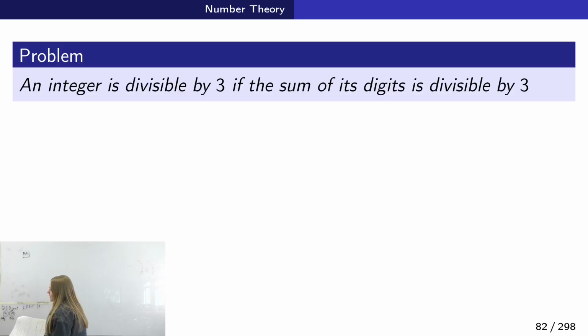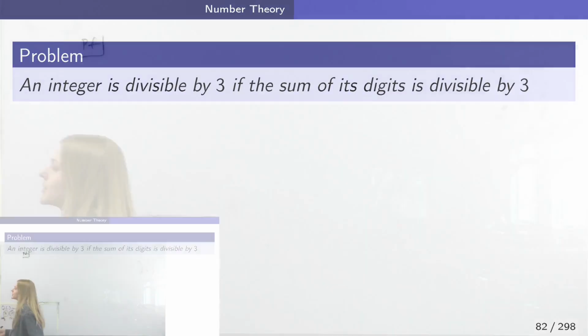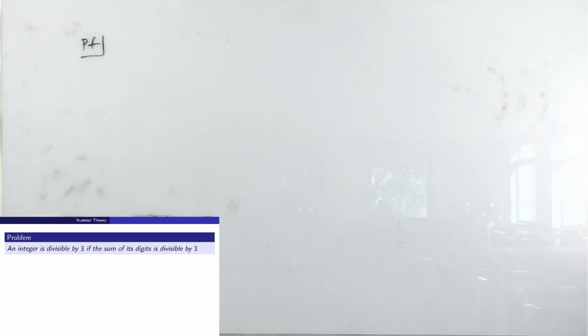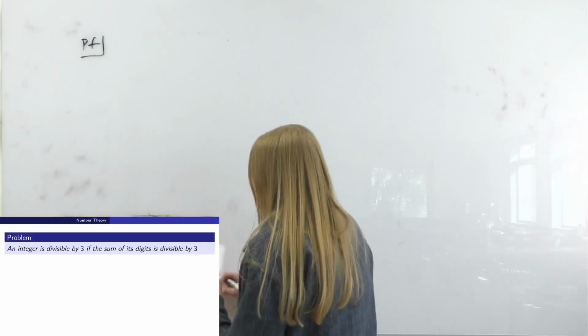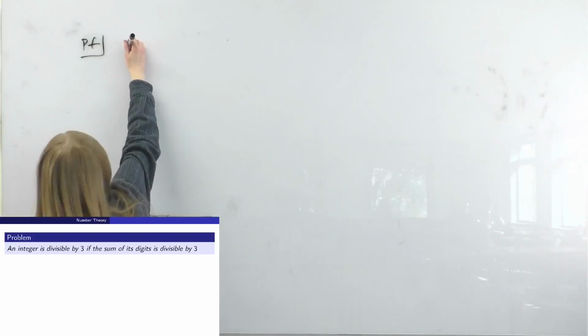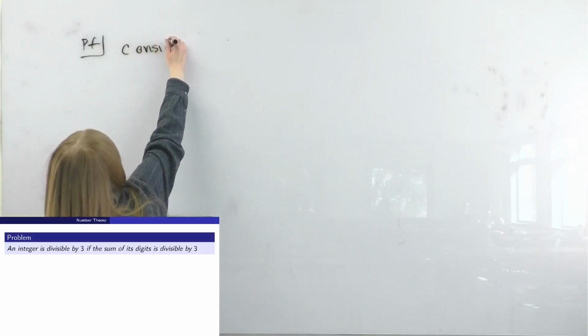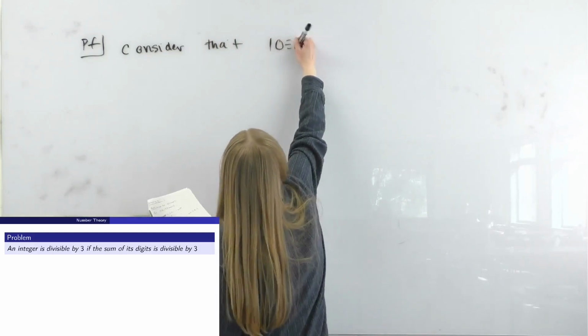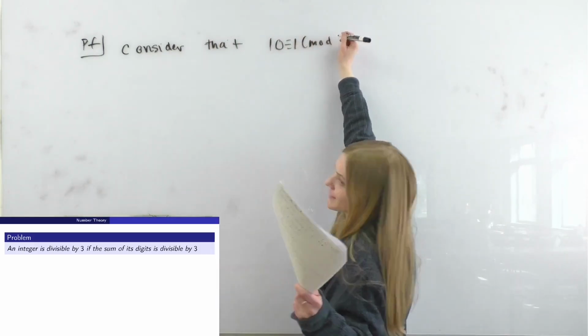Leave that up. So now we're going to do our divisibility rule for 3. Basically, an integer is divisible by 3 if the sum of its digits is divisible by 3. I should have known that off the top of my head, but whatever. Consider that 10 is congruent to 1 mod 3.